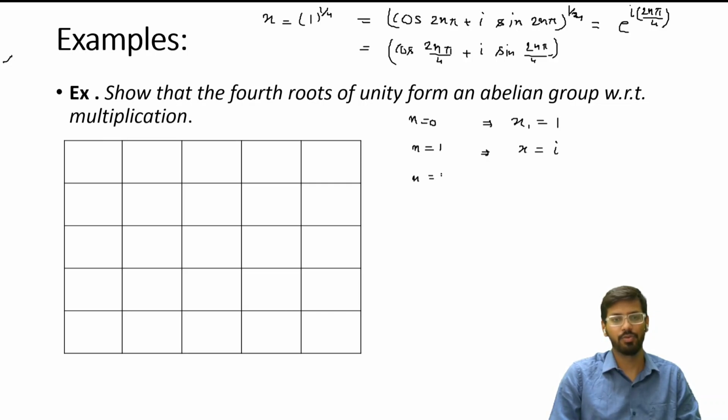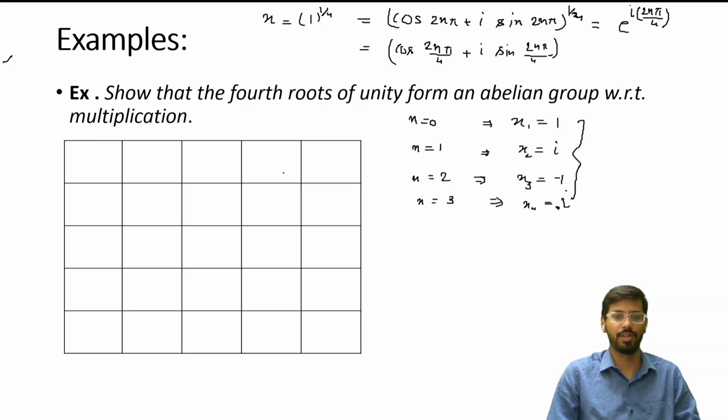Similarly, n equal to 2 gives x3 equal to -1, and n equal to 3 gives x4 equal to minus iota. Okay, these are our four roots of unity.